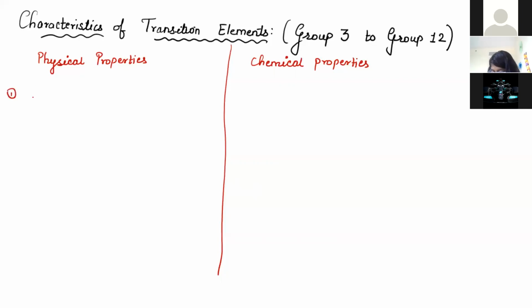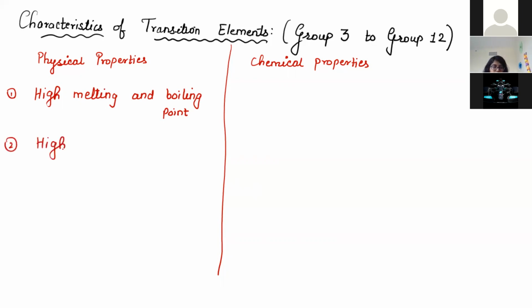Physical properties: they have comparatively very high melting and boiling points, as compared to group 1 and group 2 or other metals. The second physical property is very high density.